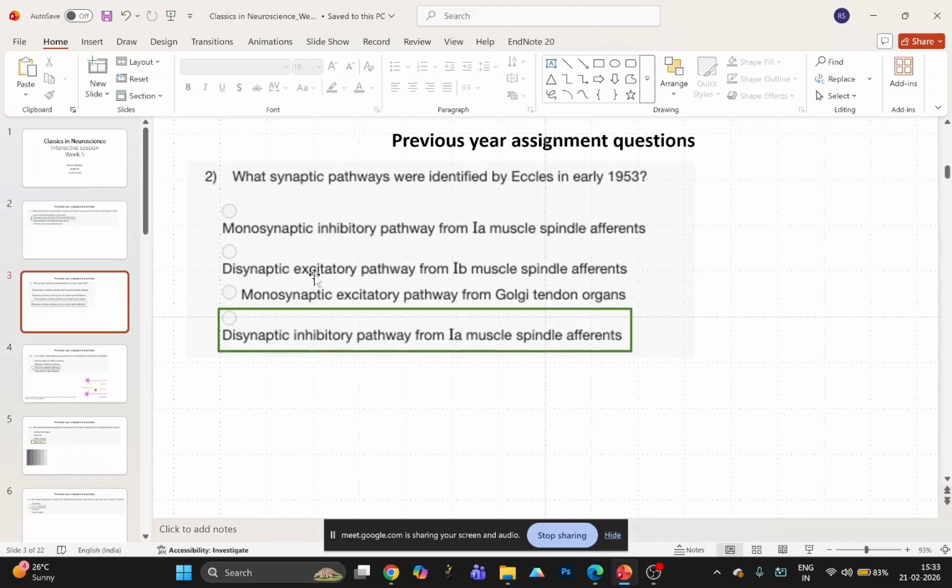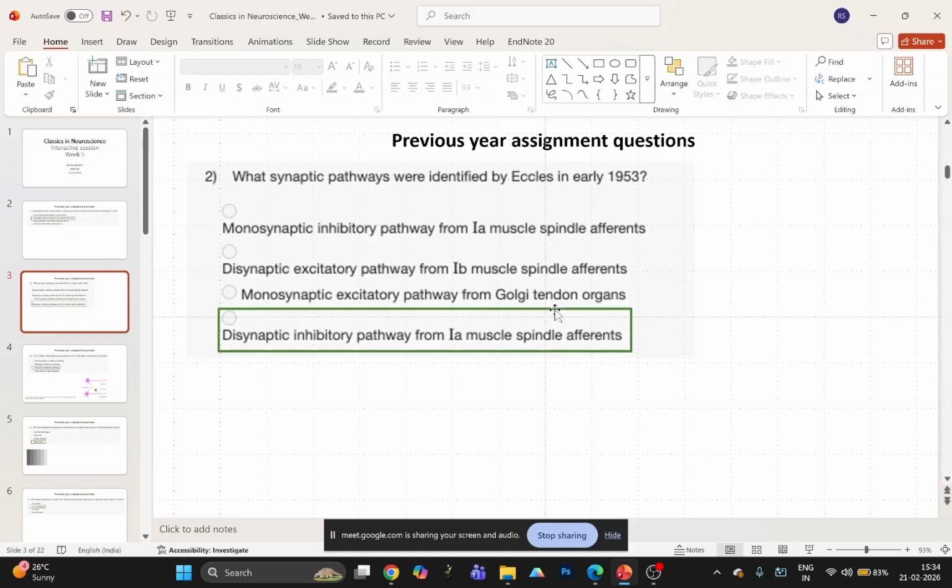Second, disynaptic excitatory pathway from 1A muscle spindle afferents. The pathway from the 1A muscle spindle afferents is supposed to be inhibitory. We just discussed that it is not supposed to be excitatory, it's supposed to be inhibitory. Third, monosynaptic excitatory pathway from Golgi tendon organs.